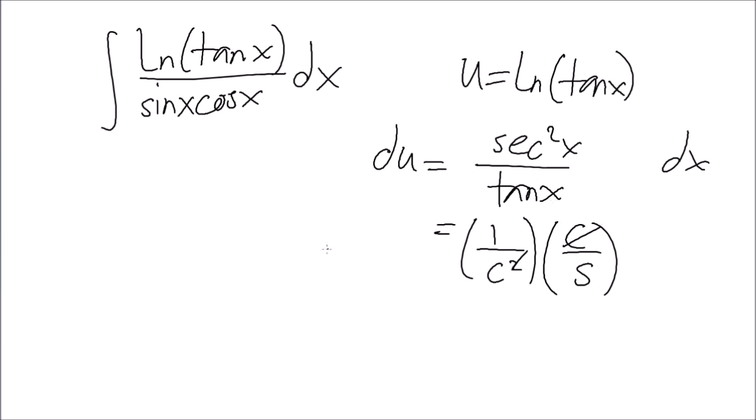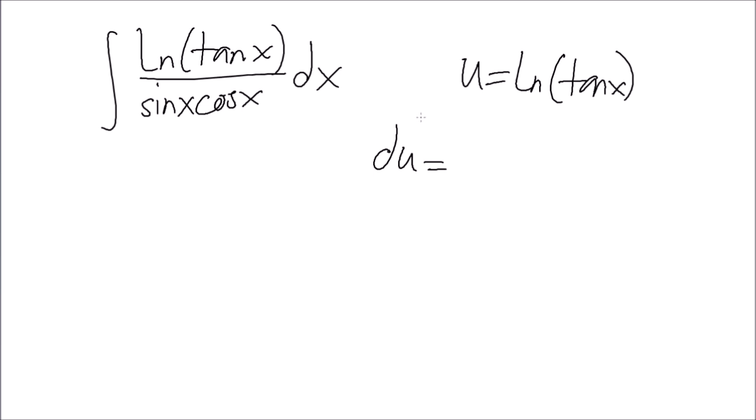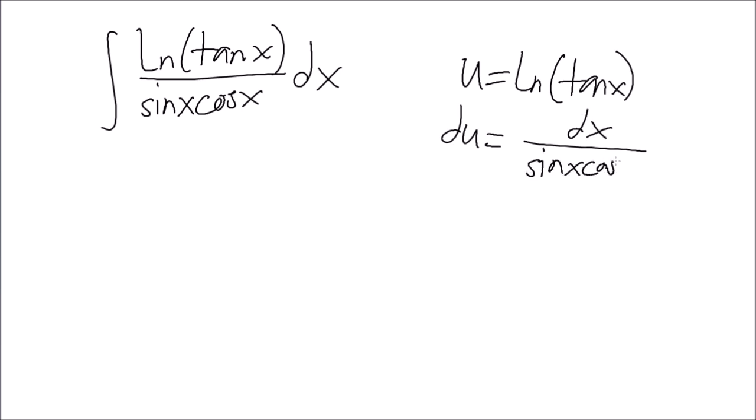Oh, would you look at that? That's technically what we have. So this is secretly a u substitution. It's just a basic u substitution. Okay, let's go ahead and get into it. Alright, so let u equal ln tangent x, then we know that du is equal to dx over sine of x cosine of x.